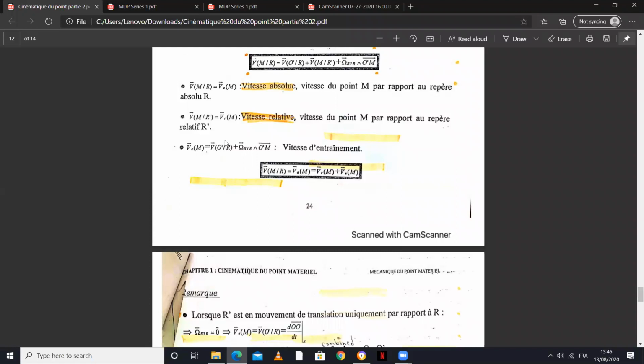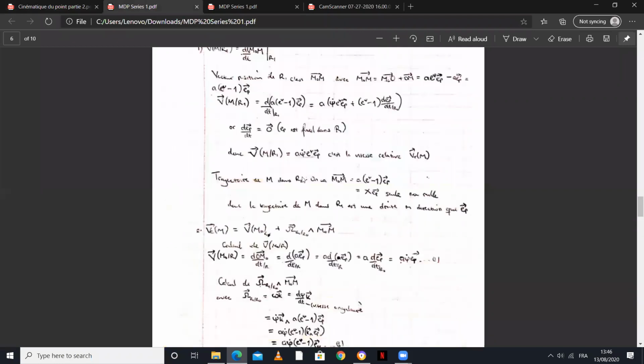So O' represents the origin of le repère relatif. So we have la vitesse de M0 dans le repère absolu R plus oméga, rotation de R', R vectoriel O'. Here O', in our question, is going to be M0, M, because O' in that case represents M0.